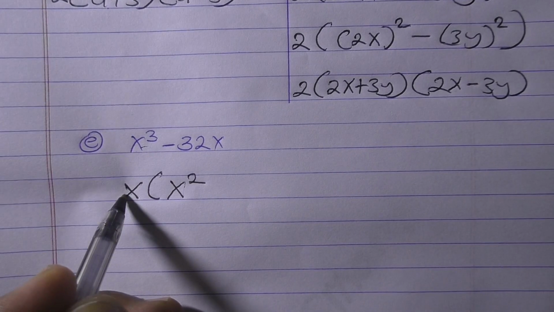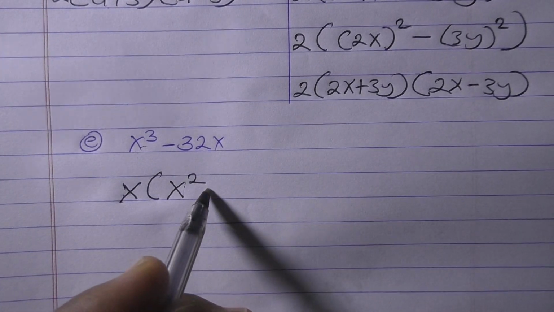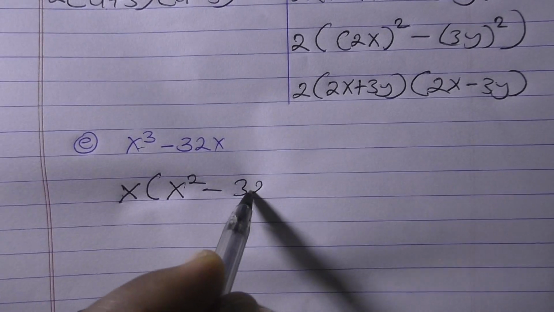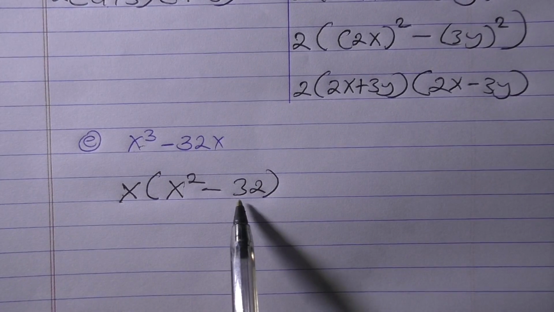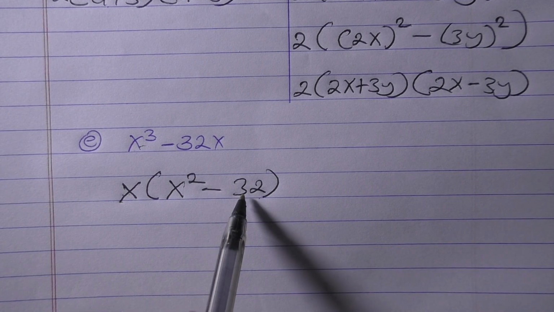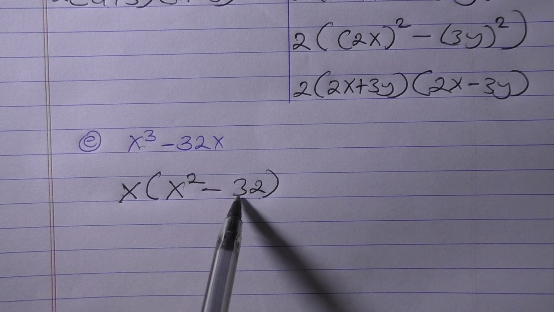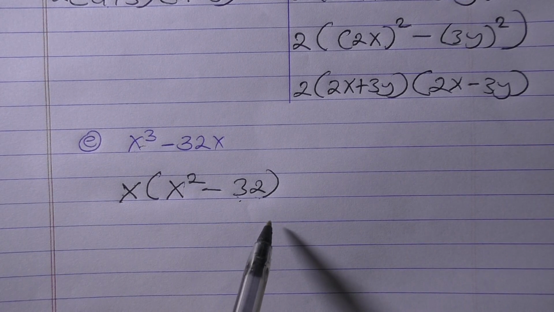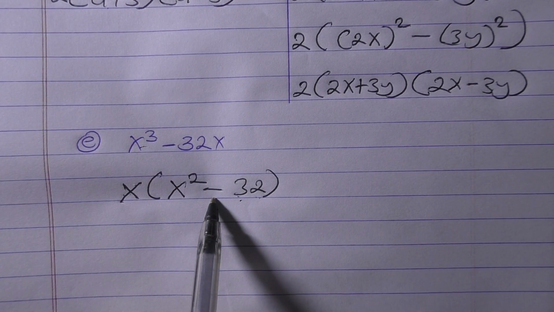Since we have taken x outside, here we remain with x squared minus 32. Unfortunately, 32 is not a square number, so there is no way we can express 32 in terms of a square. Therefore, we shall just stop here.